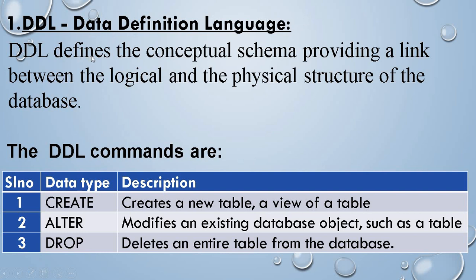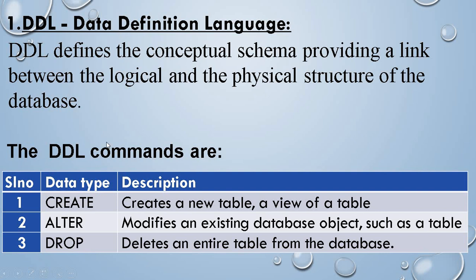Data definition language defines the conceptual schema, providing a link between the logical and physical structure of the database. In databases you have already studied the logical and physical structure. This link is created by the data definition language.